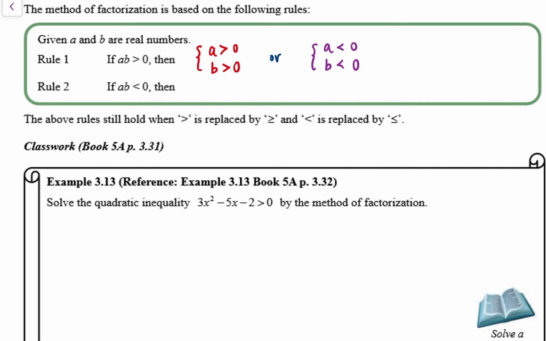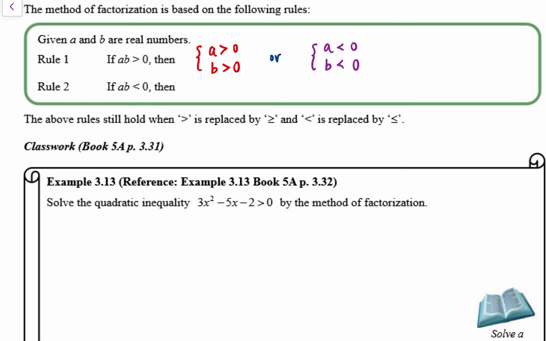If both a and b are positive, then if we multiply them together, we get a times b greater than 0. Whereas if both of them are negative, a times b would give us positive, 負負得正. So that's the first rule.